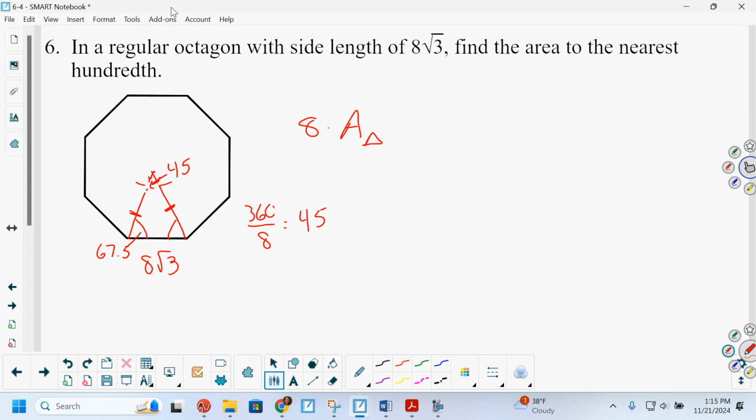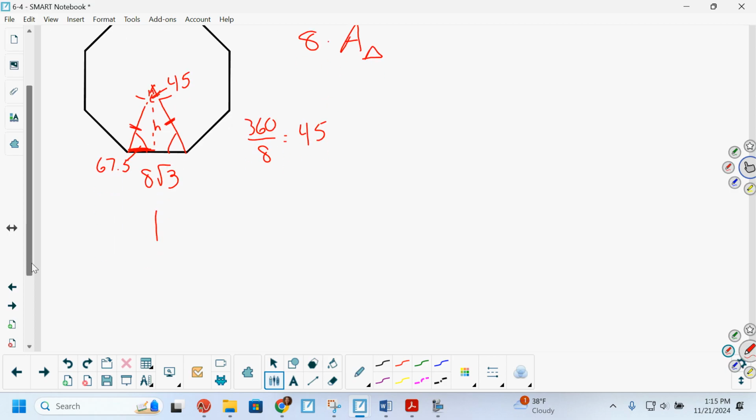But I think I'm going to figure out the height. I think that's what I want to do since I have the base. So I want to find this height right here. Since this is 8 radical 3, I know that this right here is half of 8 radical 3, so that means it's 4 radical 3. I'm going to draw it a little bigger because I'm a little cramped. This is 4 radical 3. I'm looking for the height, and I have that this is 67.5.